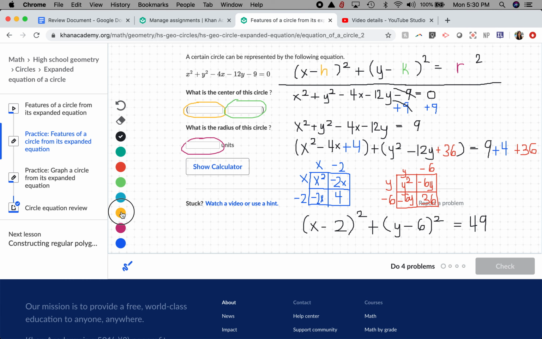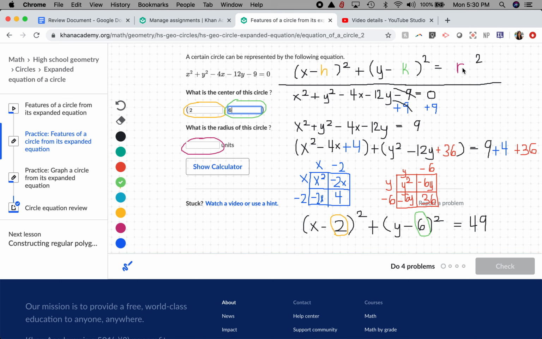All right, let's identify our h and our k first. Now, based on standard form, our h will be the number being subtracted to x, which in this case is 2. Our k is the number being subtracted from y, which in this case is 6.